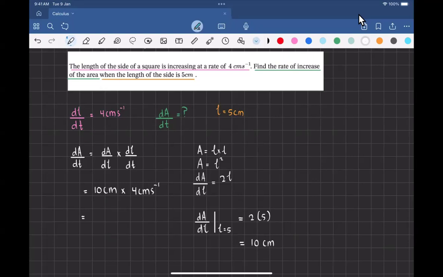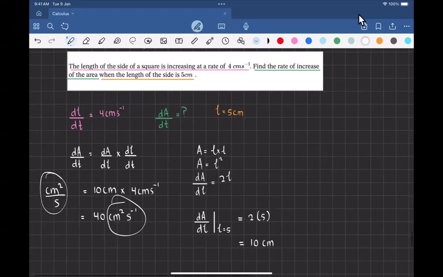So what is 4 by 10? 40. Right, so 40, the cm and the cm are going to multiply, so that'll be 40 centimeters squared per second. And let me check if that makes sense. If you have area over time, area is centimeters squared over time, which is second. Are we seeing we get the same units? Yeah, so this is the correct answer.